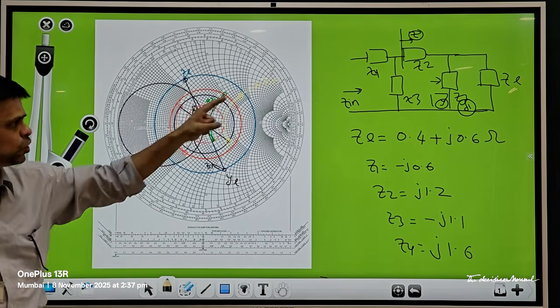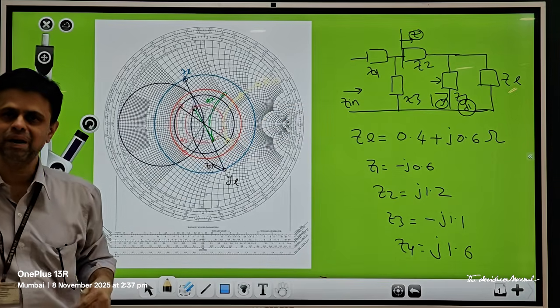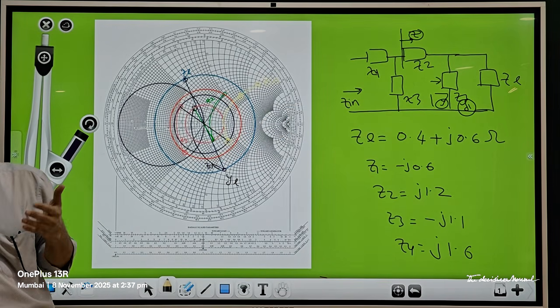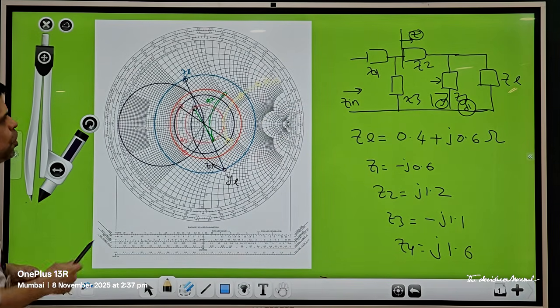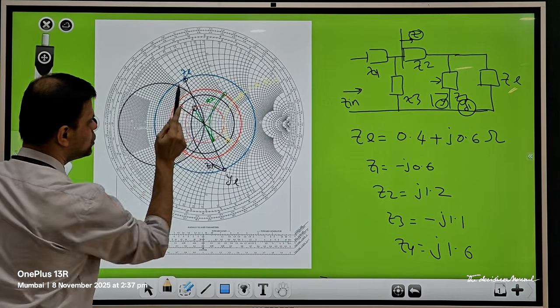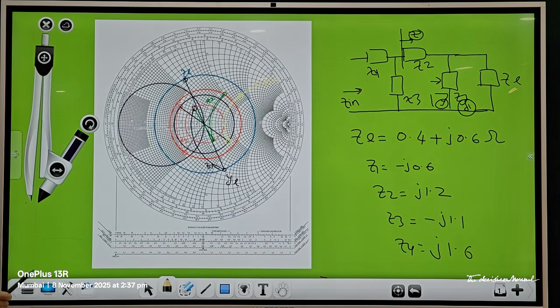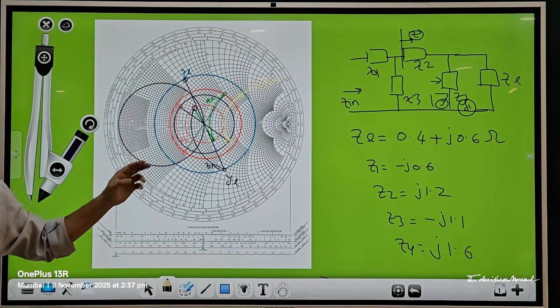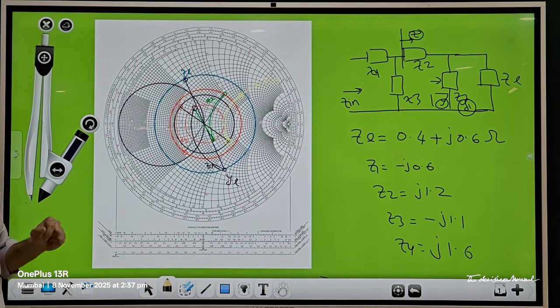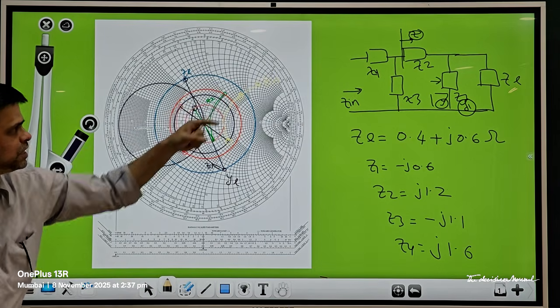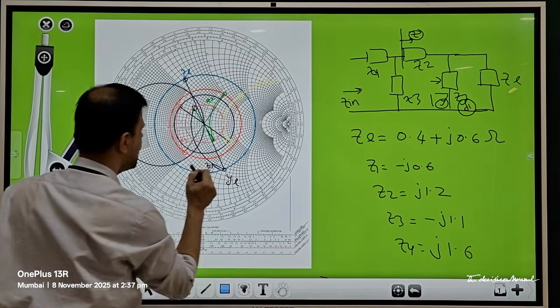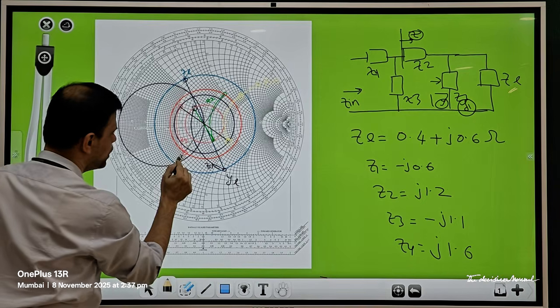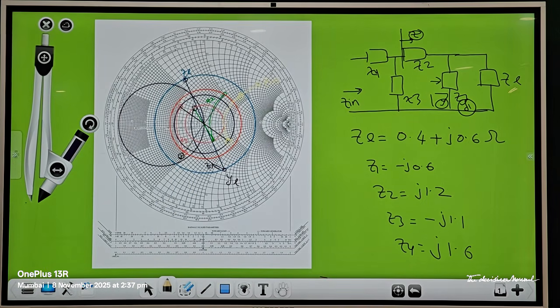But since that element is coming in parallel and I am working on an impedance Smith chart, I need to go from the impedance domain to the admittance domain, drawing the respective constant gamma circle and taking a diametrically opposite point. So this Z is now transformed to the corresponding Y.